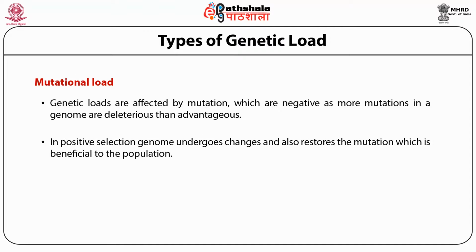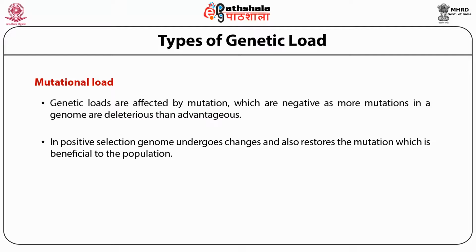In positive selection, the genome undergoes changes and also resorts to mutations which are beneficial to the population. The mutational load has two components, one produced by deleterious mutations and the other produced by beneficial mutations.